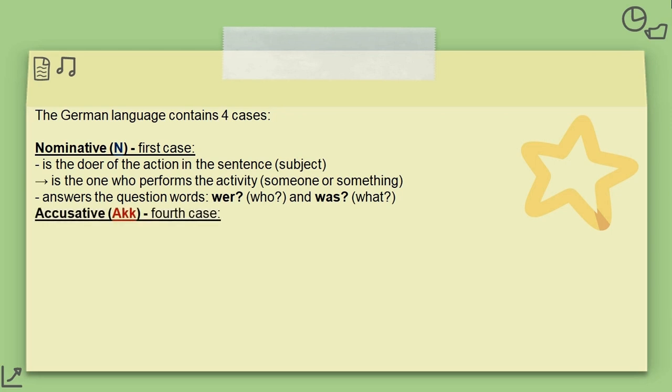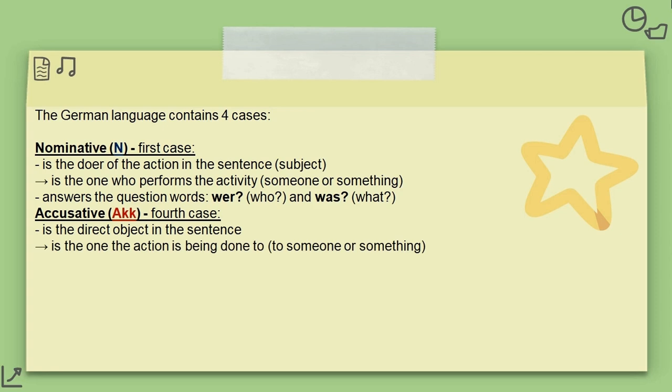The accusative is the fourth case. It's the direct object in the sentence. It is the one the action is being done to, someone or something, for example. The accusative case answers the question words wen, or whom, and was, or what.